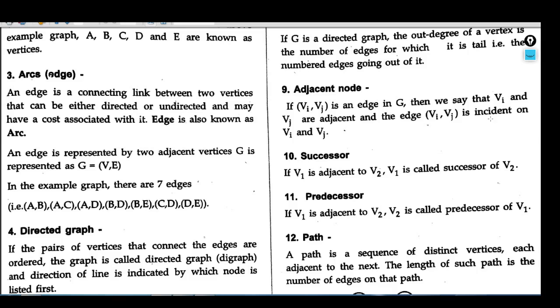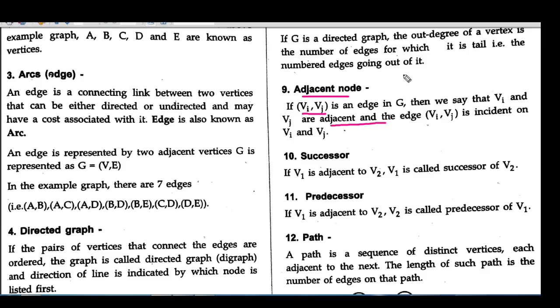Now one more important concept is there. That concept is adjacent node. If Vi and Vj is an edge in G, then we say that Vi and Vj are adjacent, and the edge (Vi, Vj) is incident on Vi and Vj. So what is adjacent? If (Vi, Vj) is an edge.